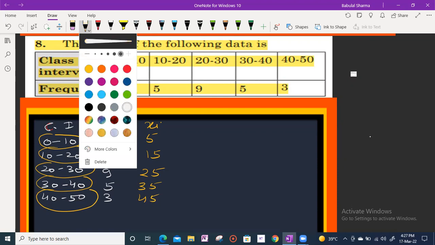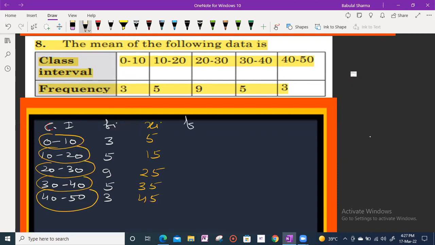Now, we have to use the formula fi into xi, means multiply xi with the corresponding frequency, means 3 into 5, that is 15. 5 into 15, please multiply yourself. I'm giving you 2 minutes time to multiply.